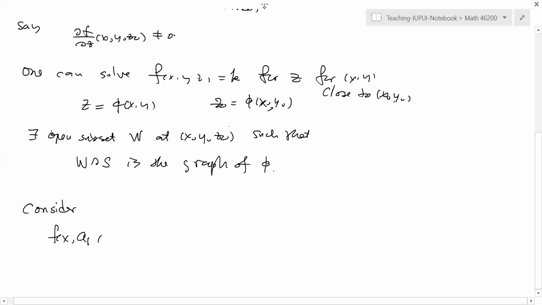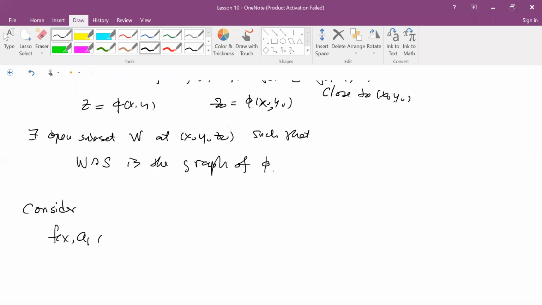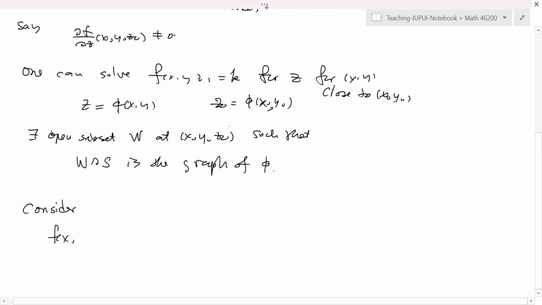Let me erase this. A1 x squared plus A2 xy plus A3.